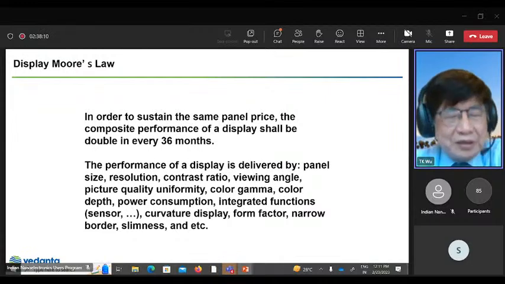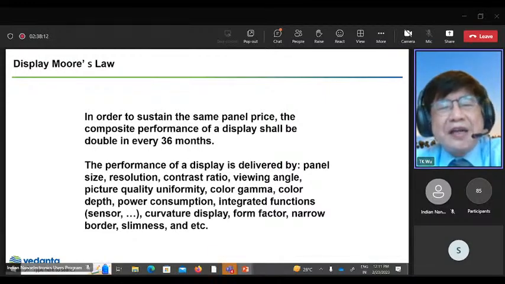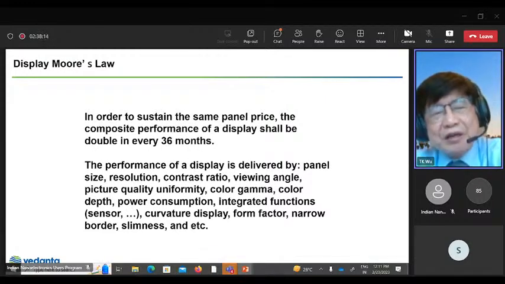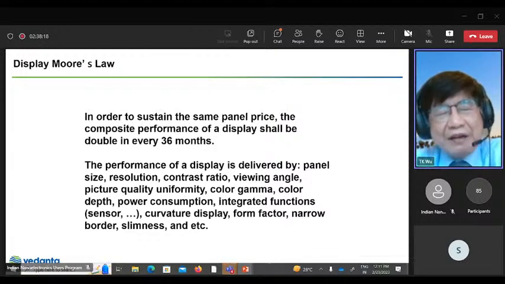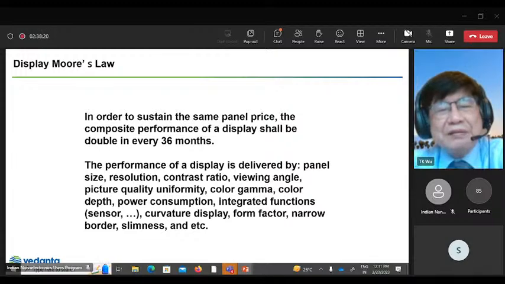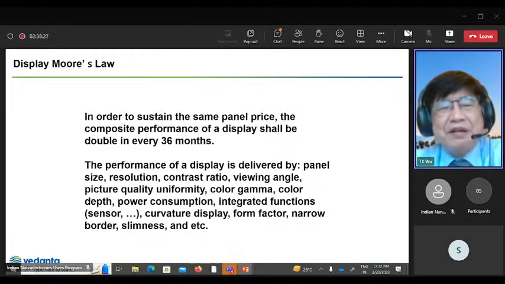Why 36 months? Because the standard lifetime of one product is usually 18 months. After 2 product lifetimes, such a product becomes obsolete and has no value at all. How can we sustain the value? By increasing the serviceability or the performance of the display.